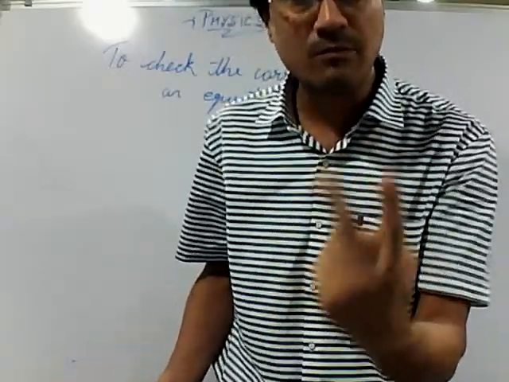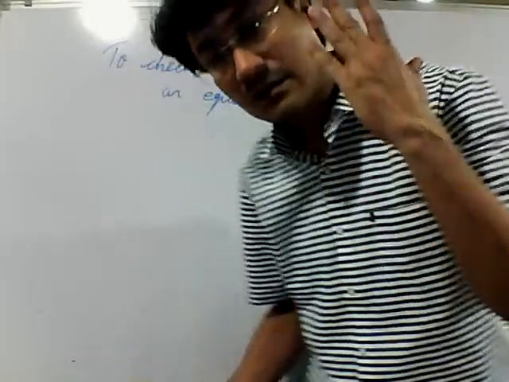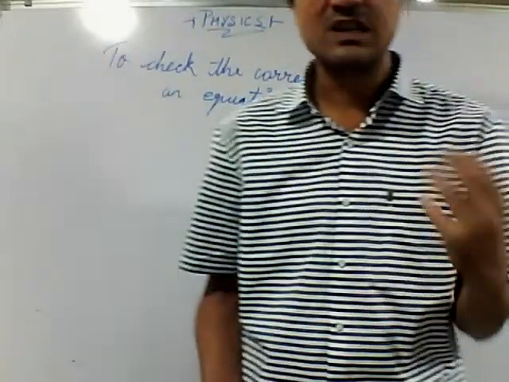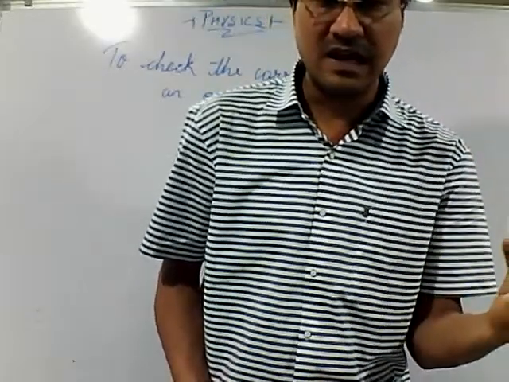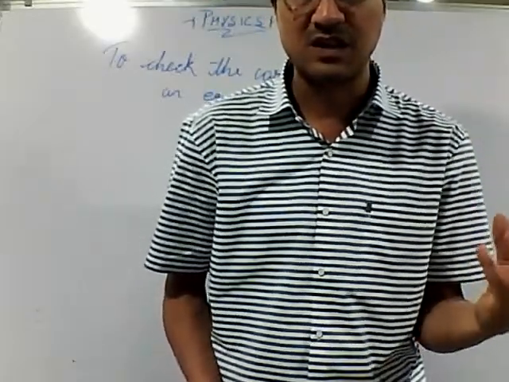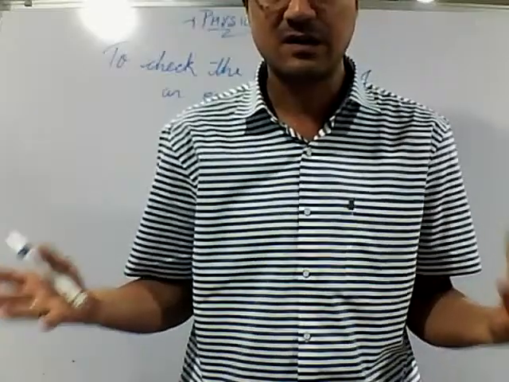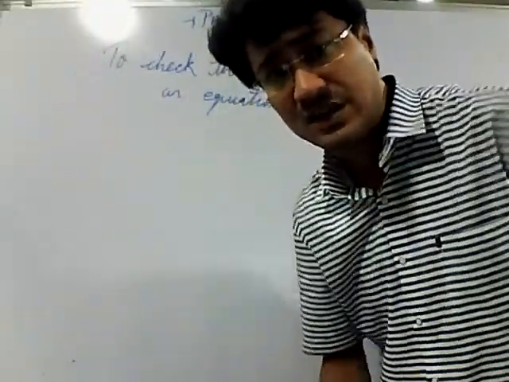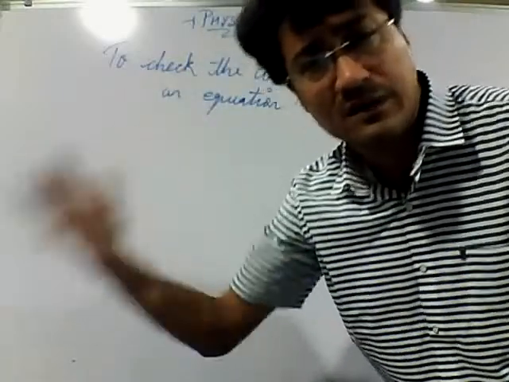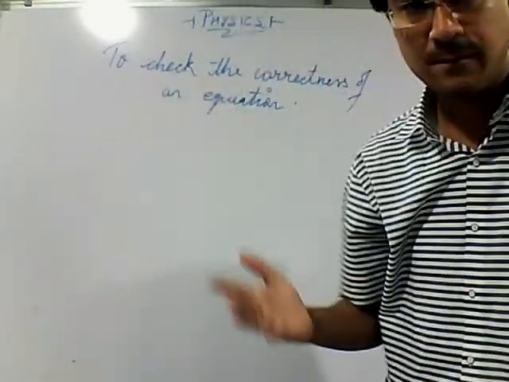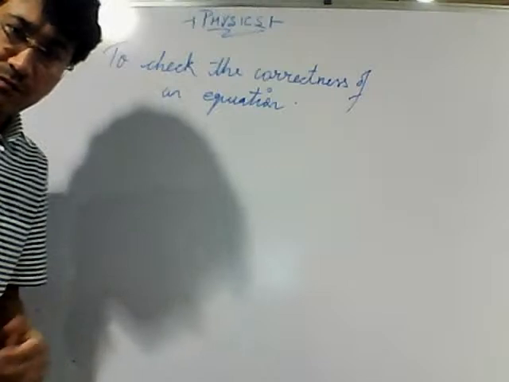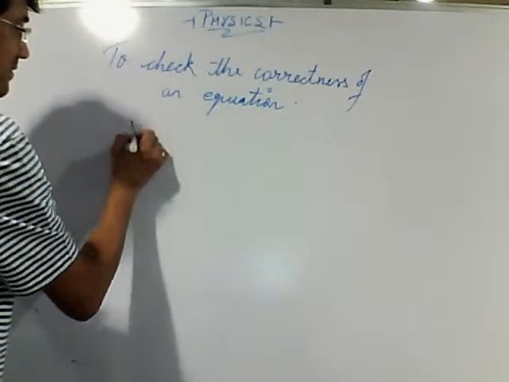Only the magnitude number is equal, but they are not the same physical quantities. So the left hand side of the equation equals the right hand side only if the units or dimensions of LHS are the same as the units and dimensions of RHS.